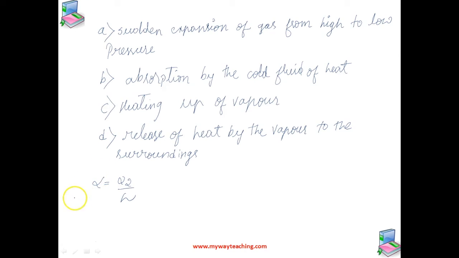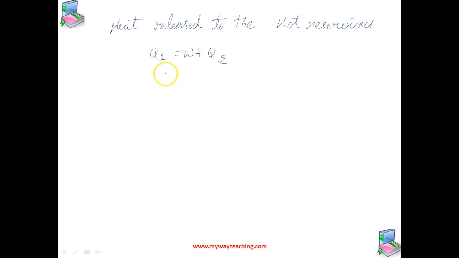So the heat released to the hot reservoir, we can write it as Q1 is equal to W plus Q2. So alpha is equal to Q2 by Q1 minus Q2.